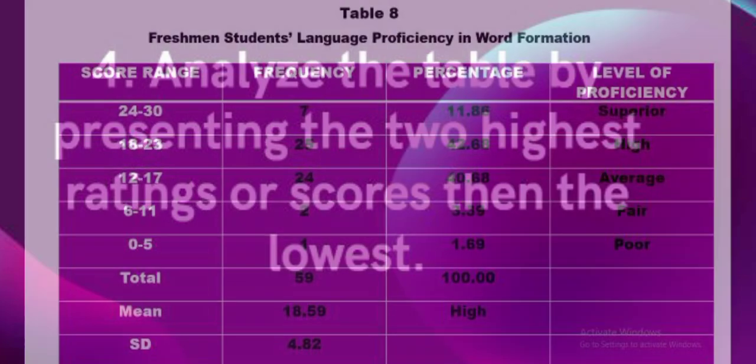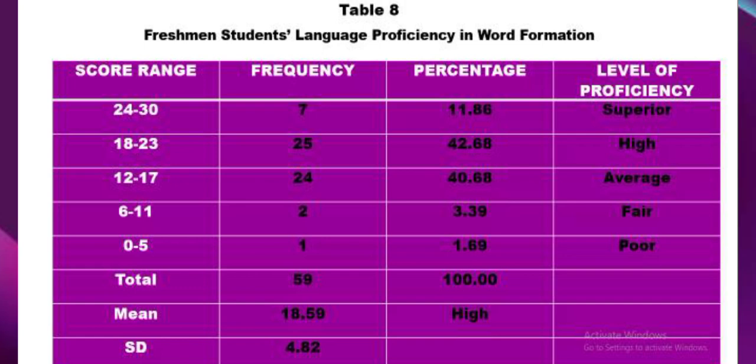So this is a sample of the table. Table number 8, the title: Freshman Students' Language Proficiency in Word Formation. It came from the SOP question, what is the freshman students' language proficiency in word formation? So it's turned into a statement form. Your statistician will help you in making your table.